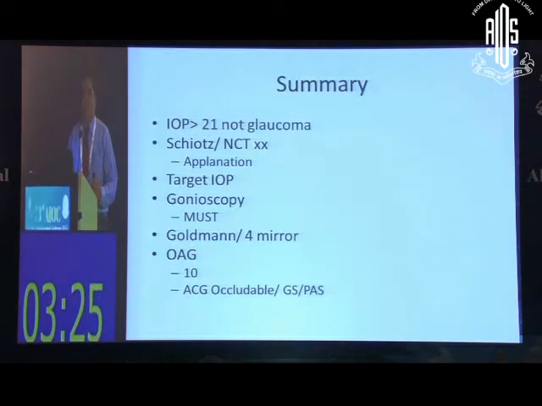So just to summarize, and this is the last slide that we have, the important points I have told you about IOP and gonioscopy are that every pressure above 21 is not glaucoma. In your internship, you learn Schiotz tonometry, that is all right. But in future careers, if you have to invest in 2 glaucoma instruments, ma'am, will I be correct?